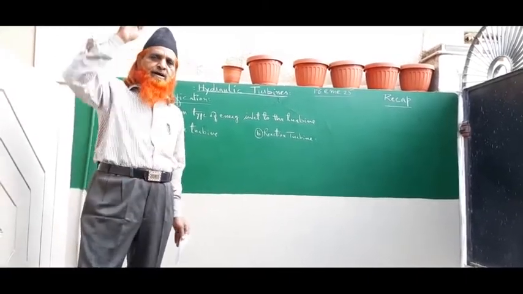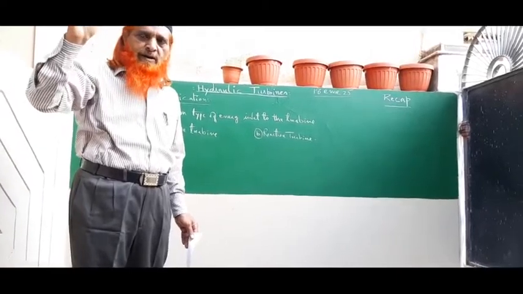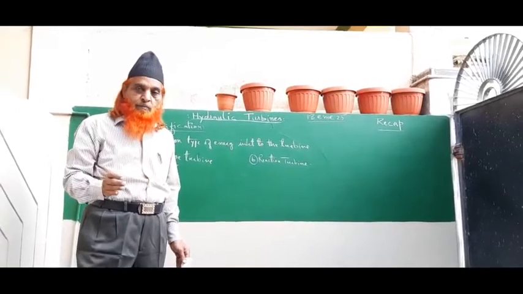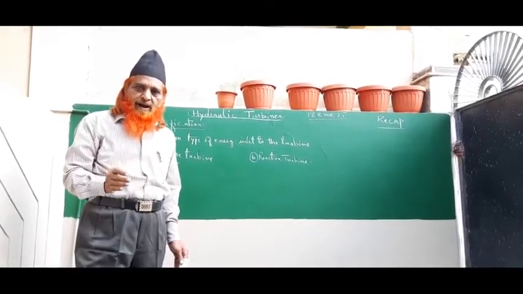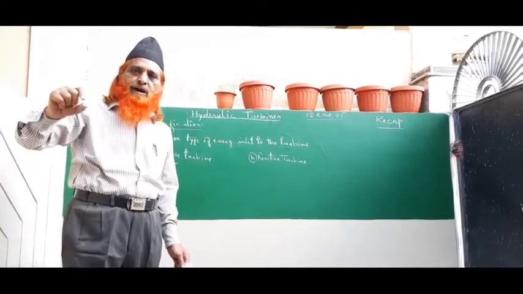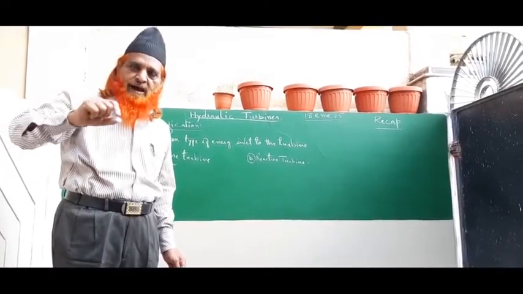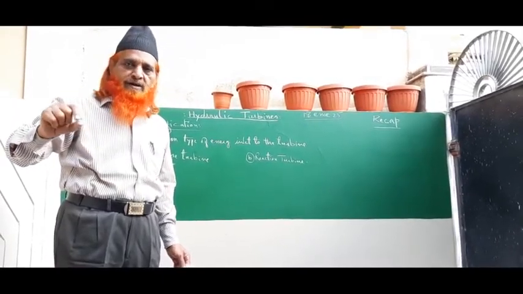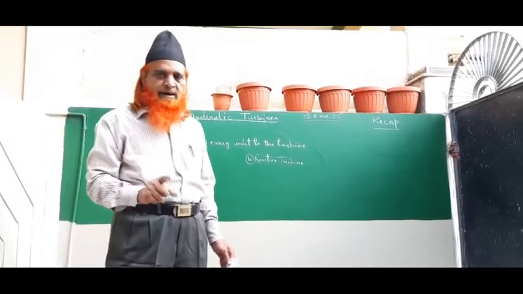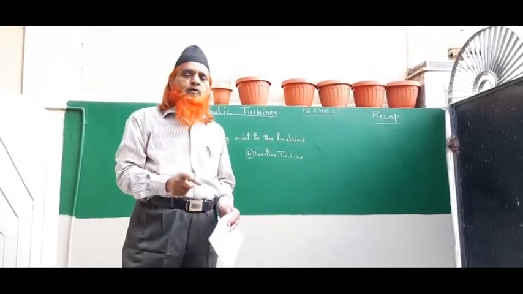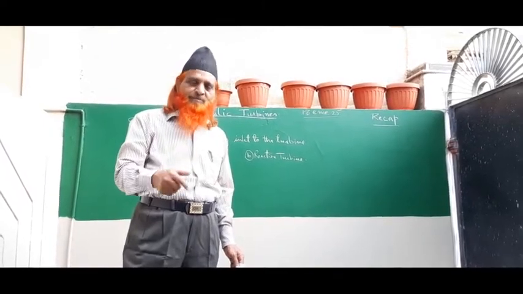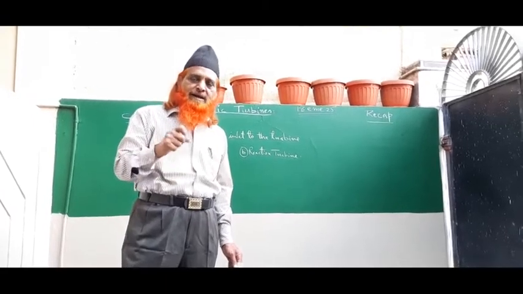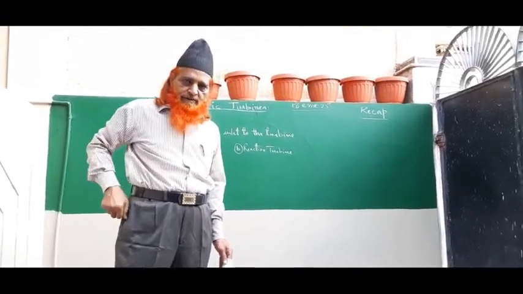Whatever the head of the dam or the water power is, that water power will be converted into kinetic energy by passing the water through a nozzle, and a jet of water will come out from the nozzle with very high velocity. Is it clear to you?